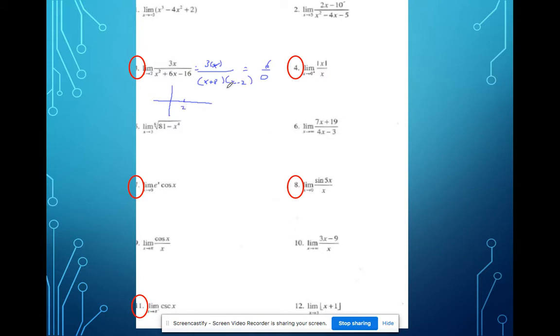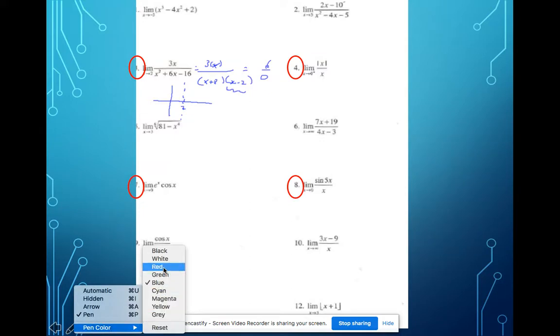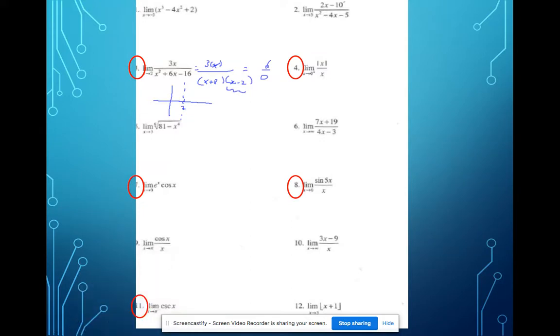Since the bad x did not cancel out, I have a vertical asymptote. I just need to know what kind of swoosh I have, right? So I need to think about what's happening as I plug in a number like 1.9 and 1.999. If I plug in 1.9 into here, my numerator is approximately close to positive 6.